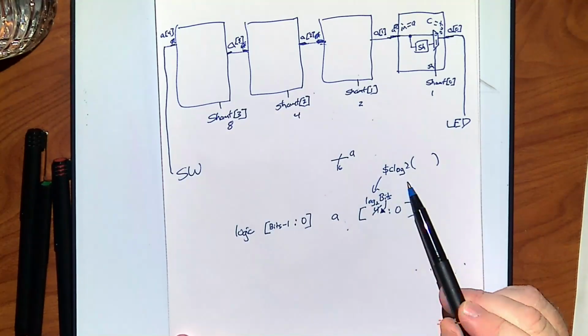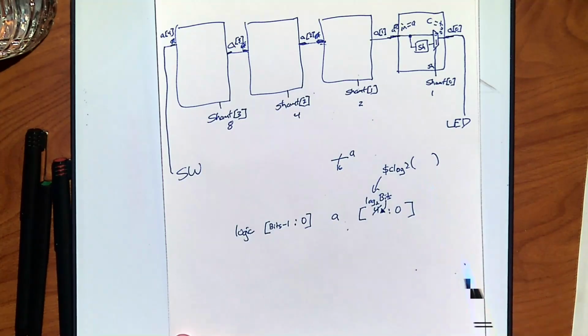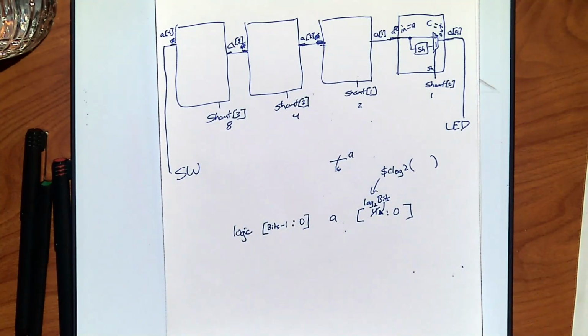All right. So we can actually do this. So I could replace this by $clog2 of bits. And it would actually, we need to do this once.